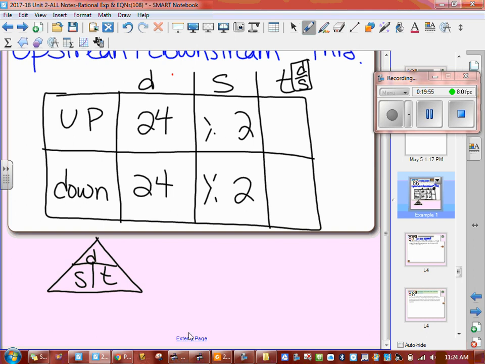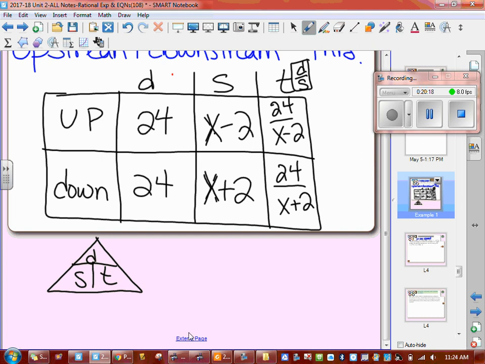Okay. Now that we've got them proper, we're going to go 24 divided by x minus 2, and 24 divided by x plus 2. Okay? So yes, downstream, you're going faster, so you're adding the current to your speed.